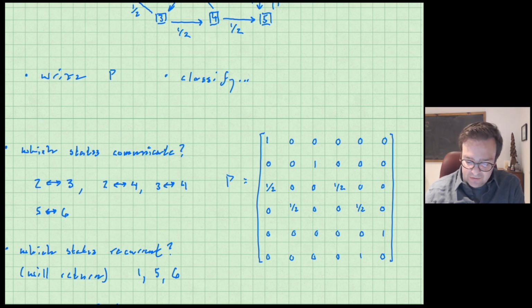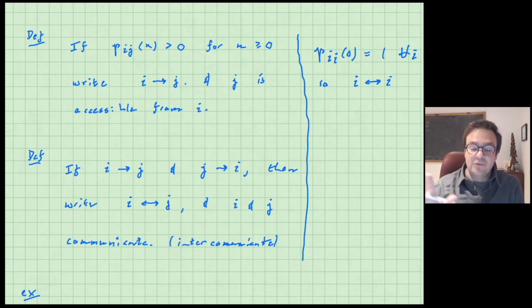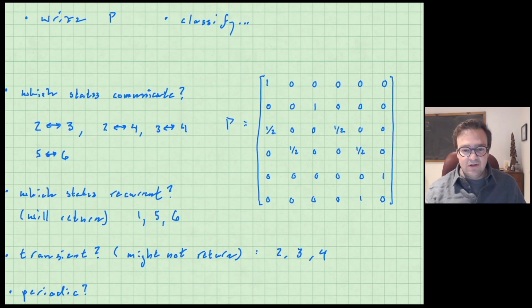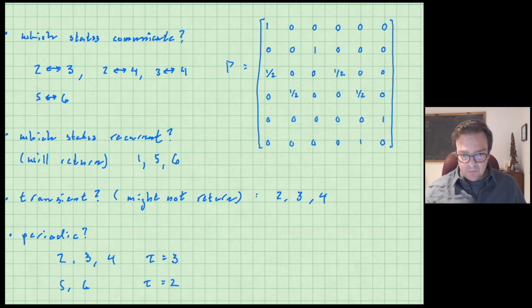So remember, this is transitioning from your state back to yourself in 0 steps, meaning it's some kind of weird nonsensical situation where you're not actually taking any steps. And so we just define this to be 1. But we don't really list that when we're asking for the intercommunicating states. Okay, that's all I have to say for you for today.